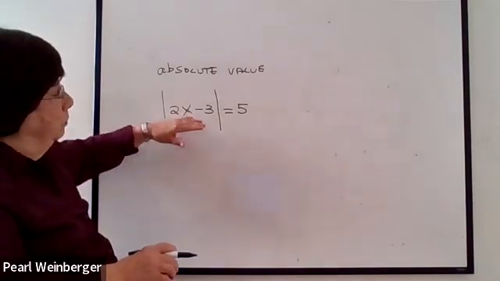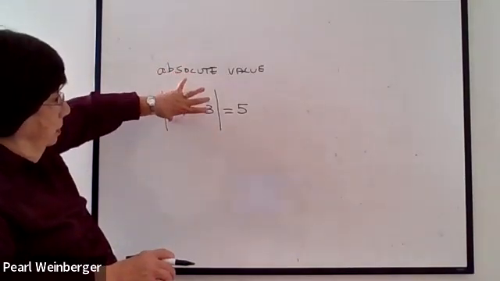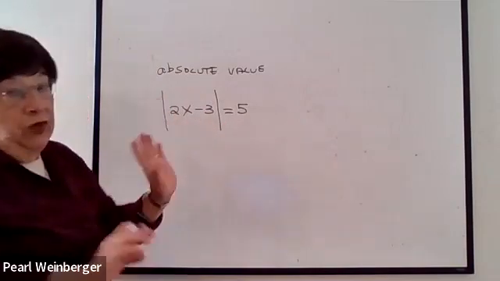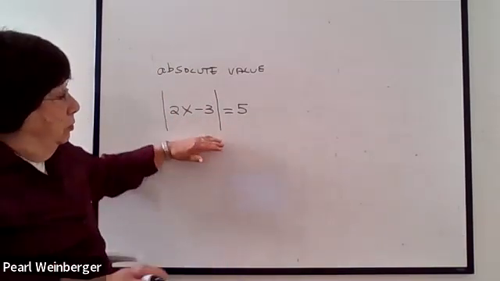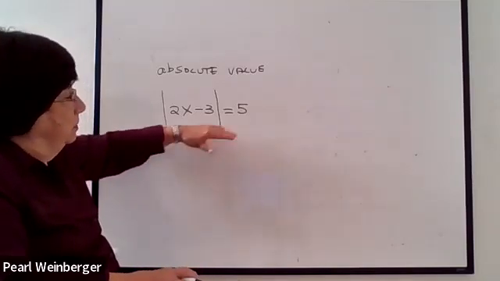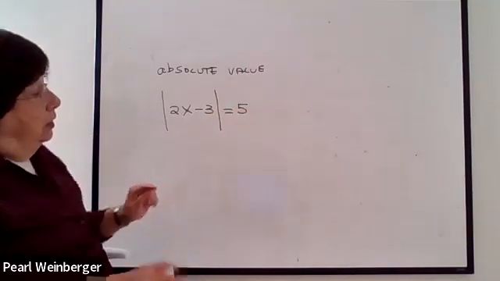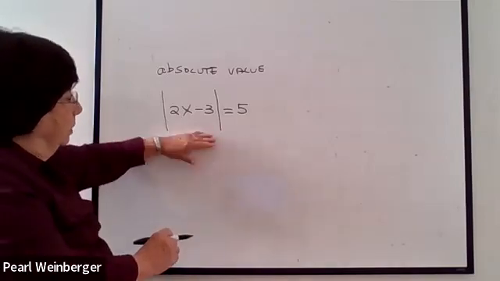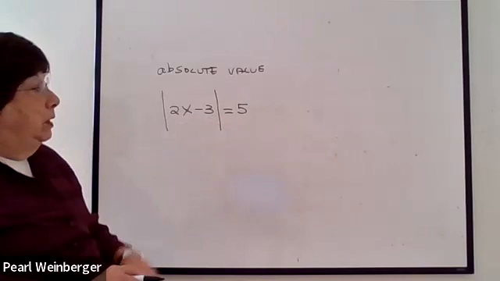So the first step would be, if you have something outside the absolute value, you have to get the absolute value all by itself. So it has to be all by itself on one side, the numbers on the other side. If it's not, make sure you get it that way. We already have it isolated.